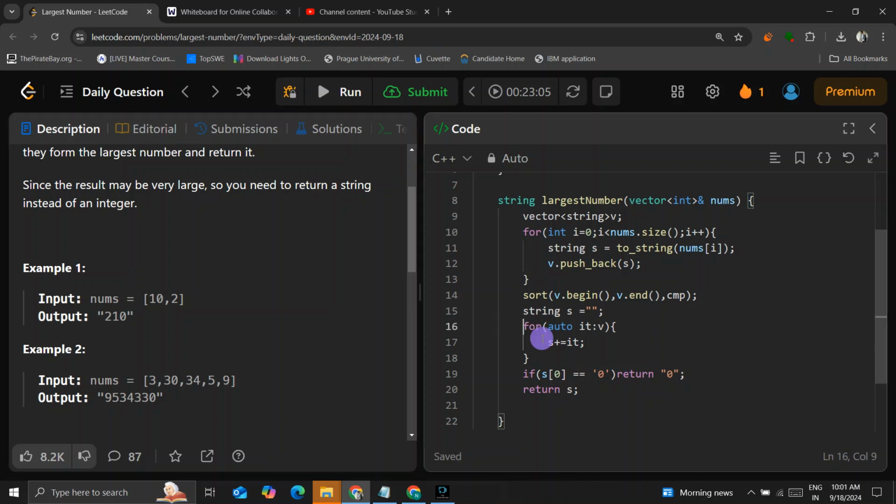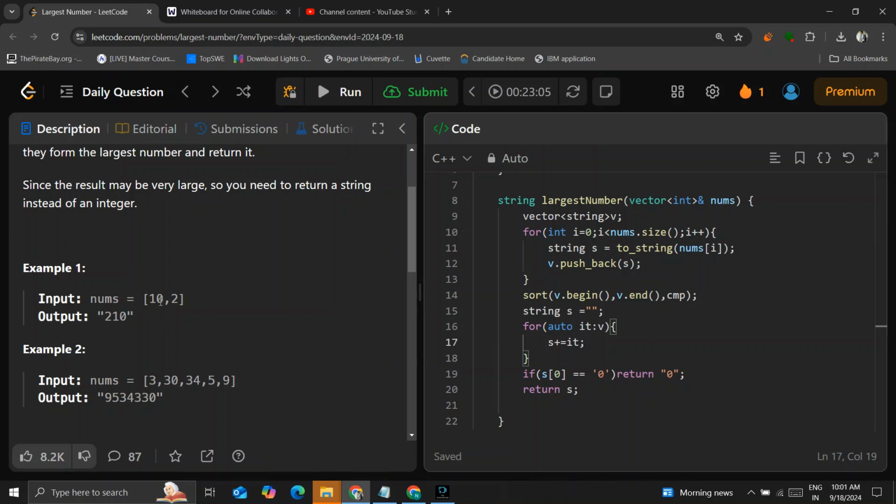And then we do the same thing: I have taken this s variable and I am storing all these values in s, basically concatenating them. Then I am making this extra check: if s of 0 is equal to 0, like whether the first character is 0 or not. If the first character is 0, that means all the values in this string are 0.